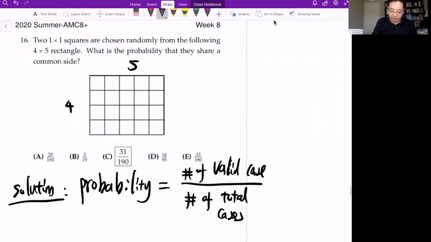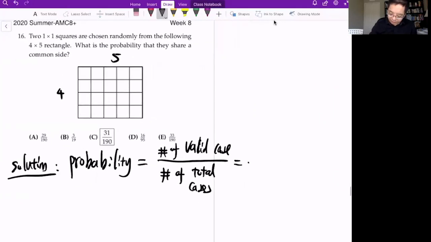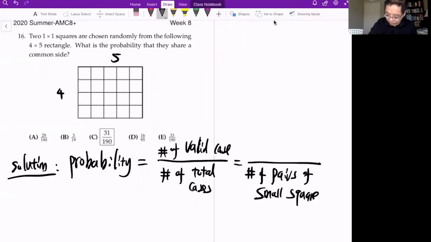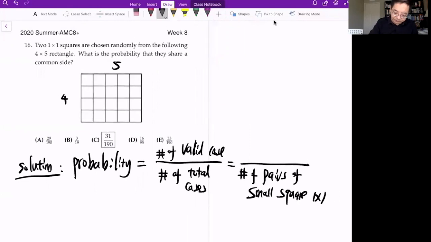So this is a general formula. Now for our situation, the total number of cases is just the total number of pairs of small squares, right? Small square means square 1 times 1, right?